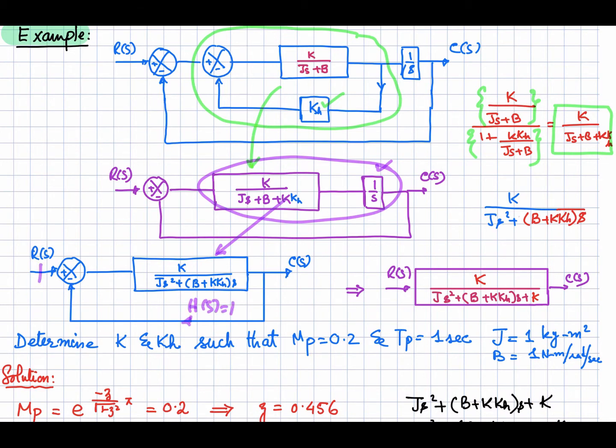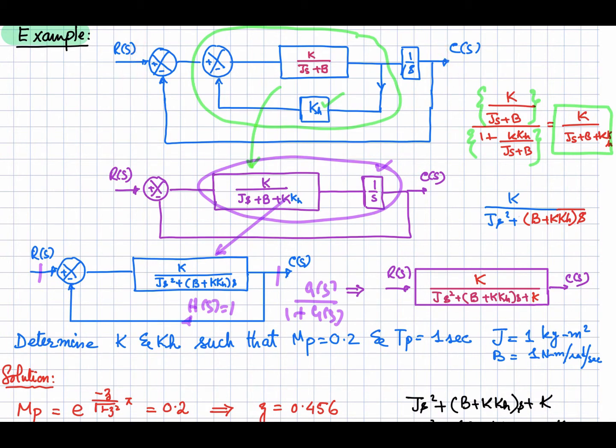So writing down the net transfer function for this loop, that is equal to G(s) divided by 1 plus G(s). So that is equal to this transfer function: K over J s square plus (b plus K Kh) s plus K is the final transfer function relating this input with the output.